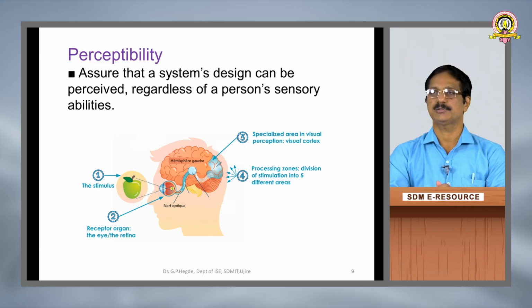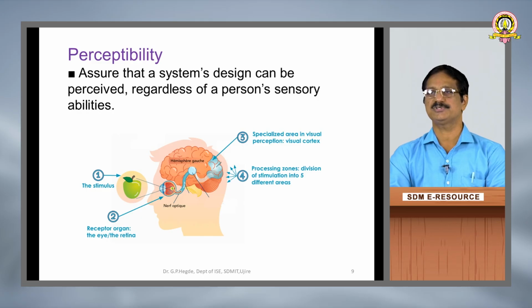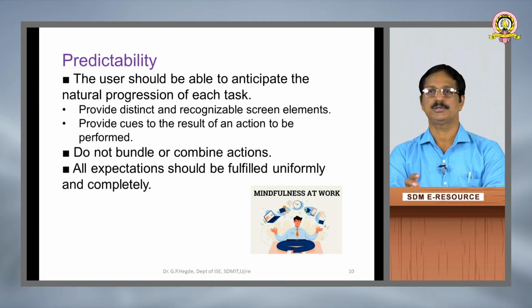After that, some processing takes place. What is the stimulus, what organ has taken it, what specialized area has taken it, and then perception based on that. There are processing zones, a division of stimulation into 5 different areas. So perceptibility is a human brain based system. Humans can understand what I am doing, what I can do.